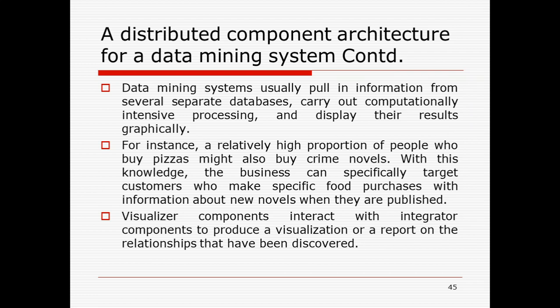For instance, a relatively high proportion of people who buy pizzas might also buy crime novels. With this knowledge, the business can specifically target the customers who make specific food purchases with information about new novels when they are published. So this kind of interleaved information helps in mining the database.